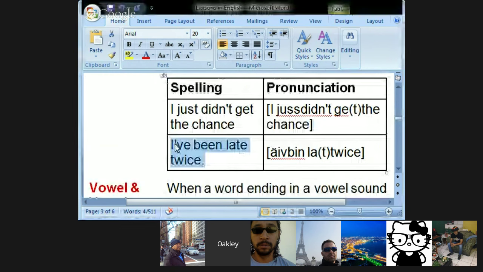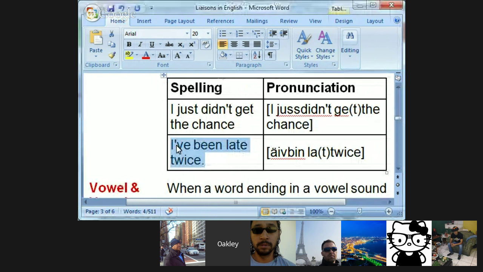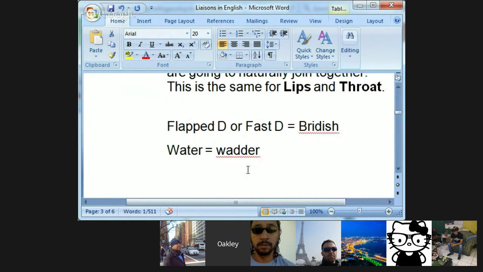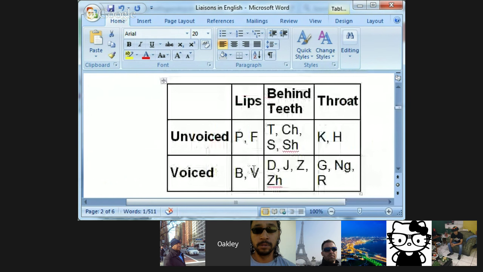Okay, let me have Heidi try this next one. Heidi? "I've been late twice." Okay, "I've been." Notice how easy it is to get from V to B. Very easy. All you have to do is close your lips. "I've been."